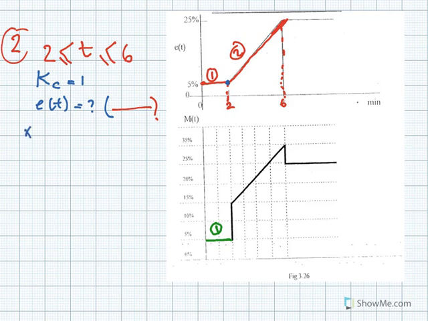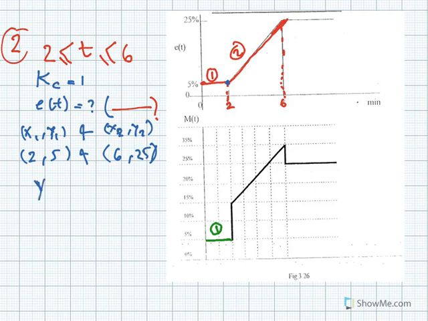It's a straight line, so as you remember, we have the straight line equation with the 2 points, x1, y1 and x2, y2. x1 is 2, y1 is 5%, while x2 is 6, and y2 equals 25. The straight line equation, as you remember, is y minus y1 over y2 minus y1 equals x minus x1 over x2 minus x1.